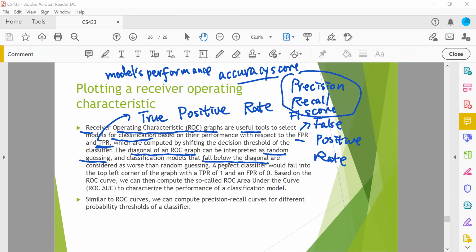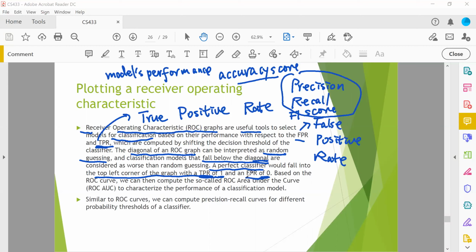So for a good model, the ROC curve should be above the diagonal curve, okay? And the perfect classification is going to be at the top left corner of the graph, with true positive rate almost 1 and false positive rate almost 0.